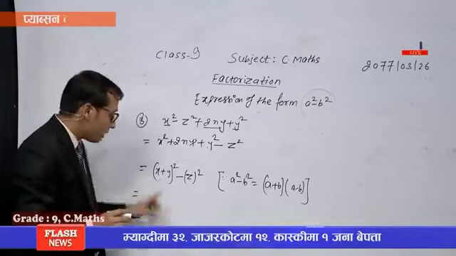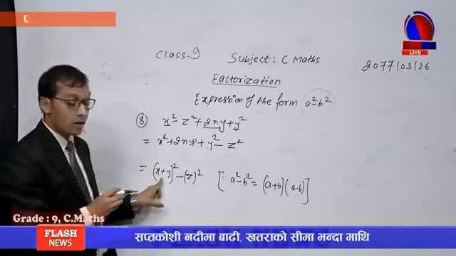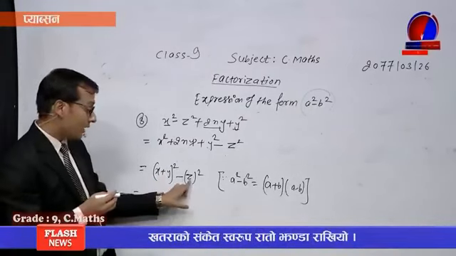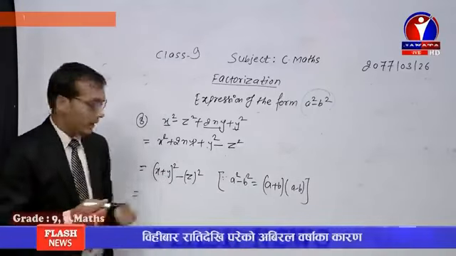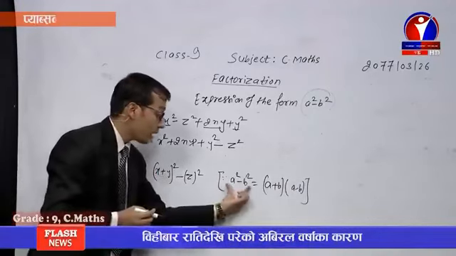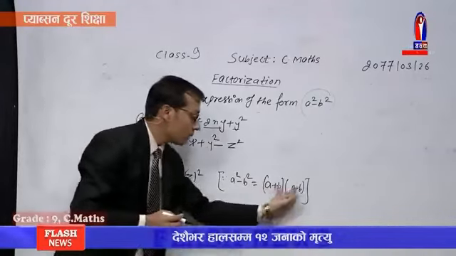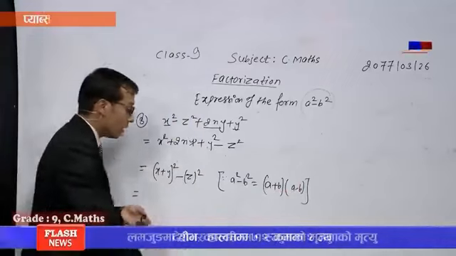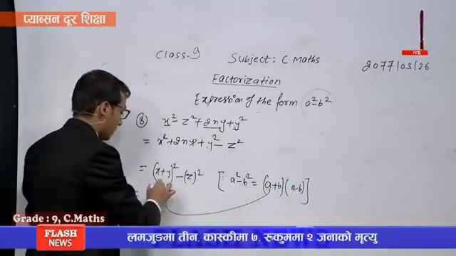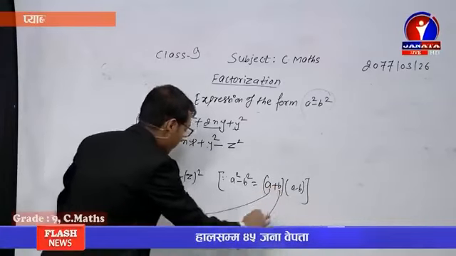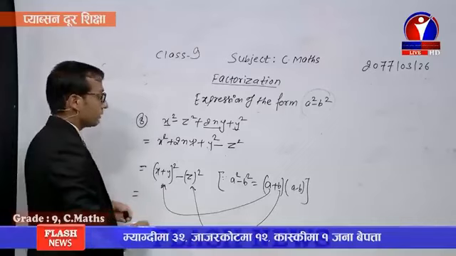Now if we consider x plus y as a and z as b, it is in the form of a square minus b square, and we can split it into a plus b times a minus b form. So here a is x plus y, and b is simply z.